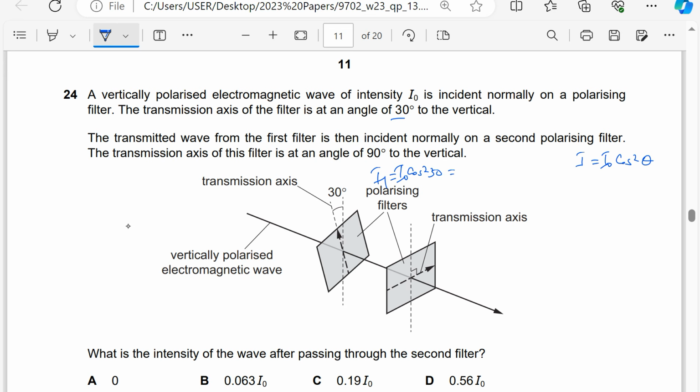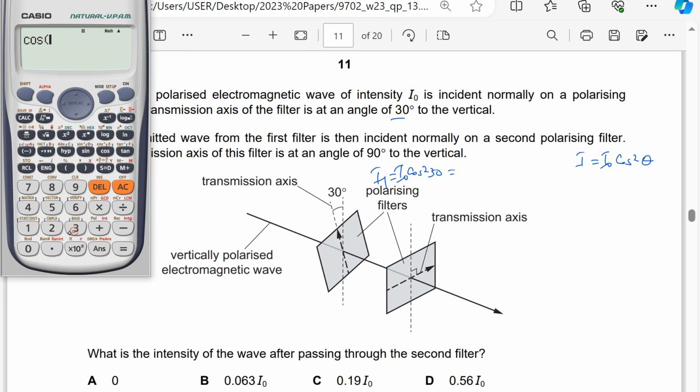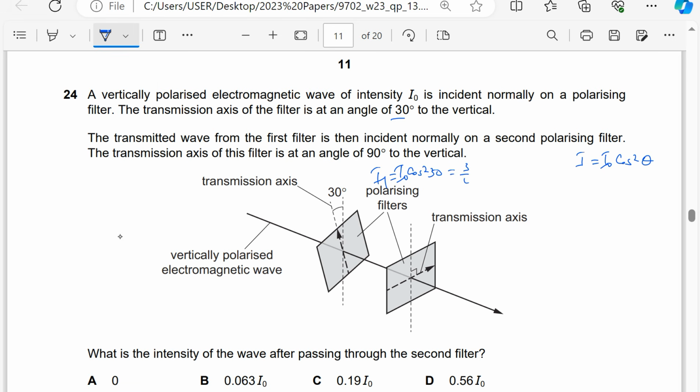Cos of 30 squared is 3 over 4. So what leaves here is 3 over 4 of I naught, which is going to the second one.